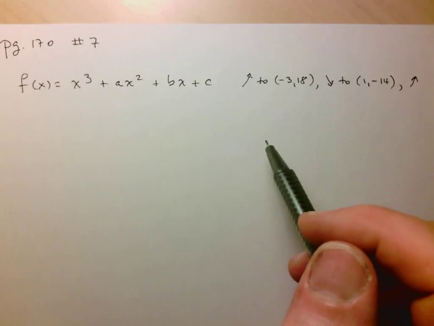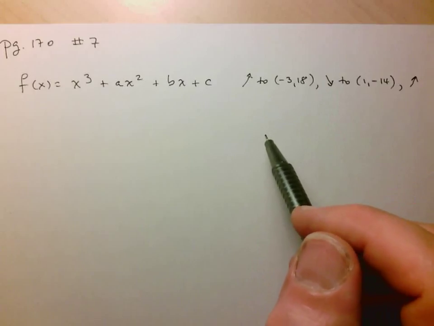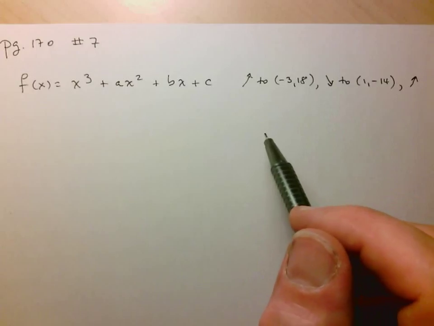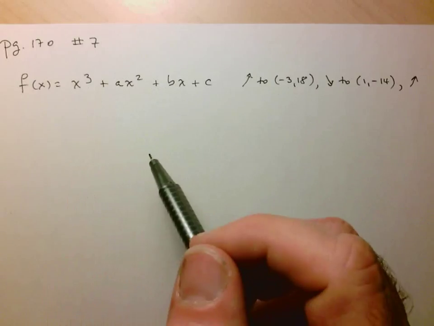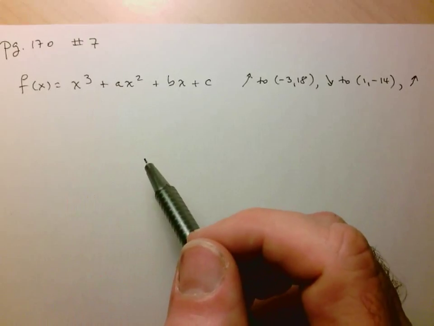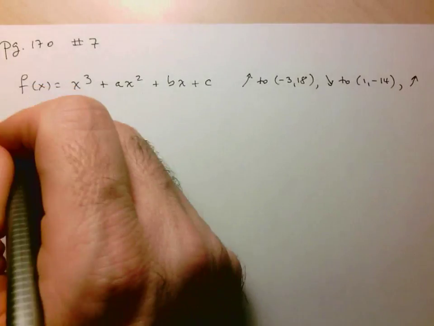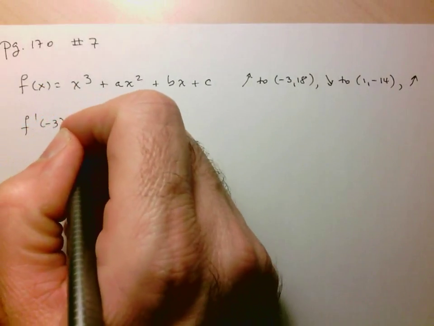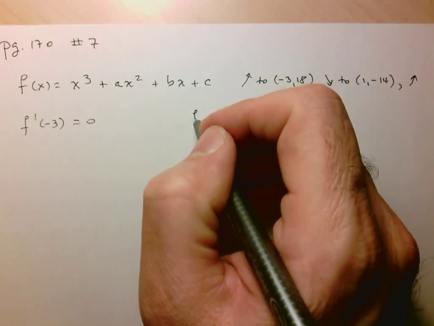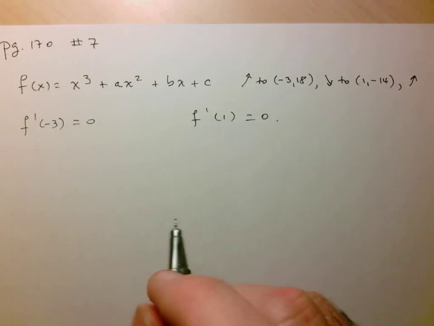Now the only way a function can change sign is through a 0 or a discontinuous point. But given that this is a cubic function, we know the derivative is going to be quadratic, and so will be continuous everywhere. So the only option is for f prime at -3 to be equal to 0, and for f prime at 1 to be equal to 0.